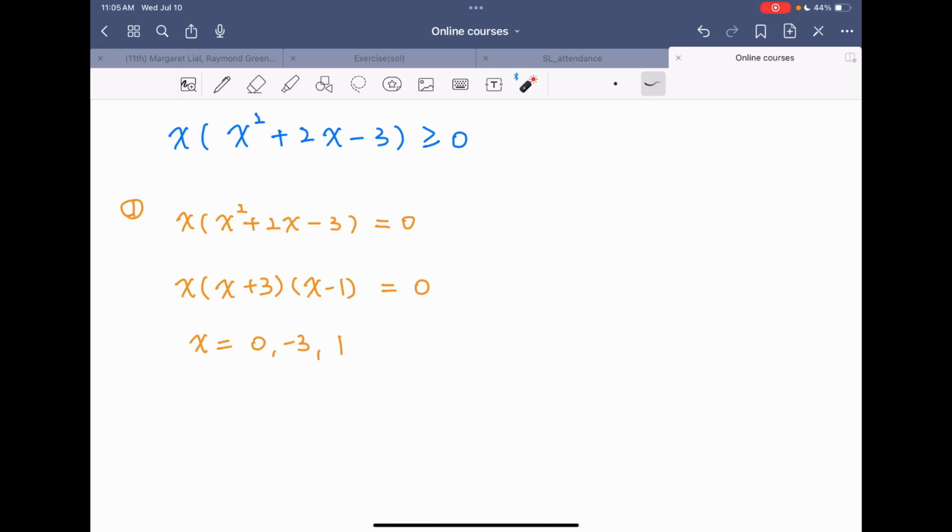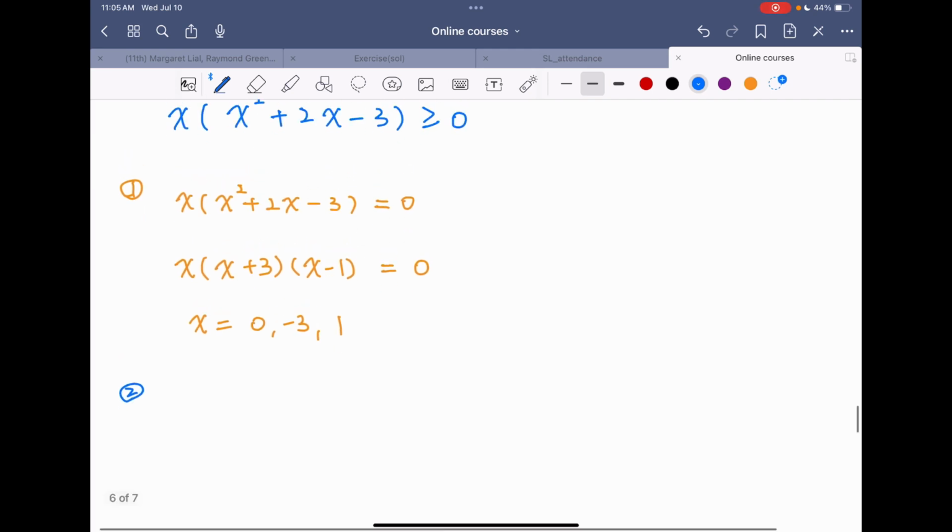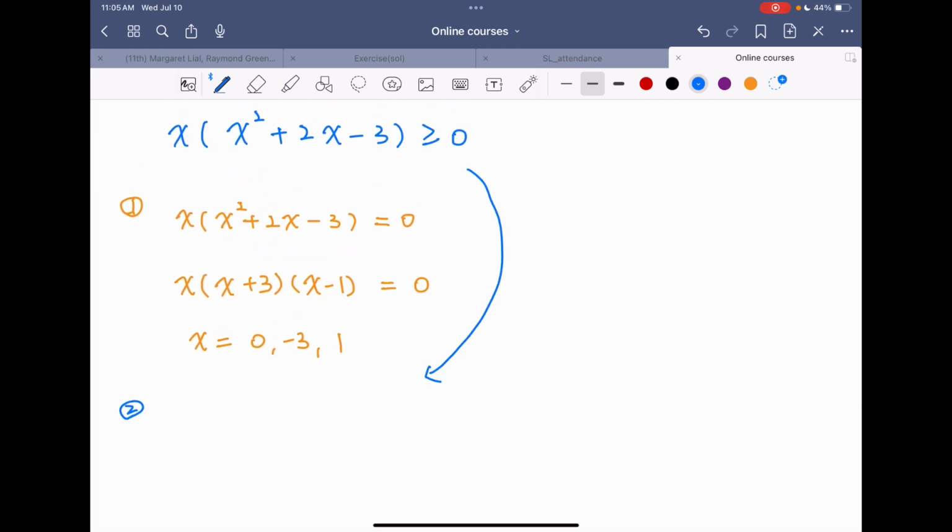Okay, then second, we're going to just rewrite this into an easier form, a form that is easier for our calculation. So greater or equal to 0.